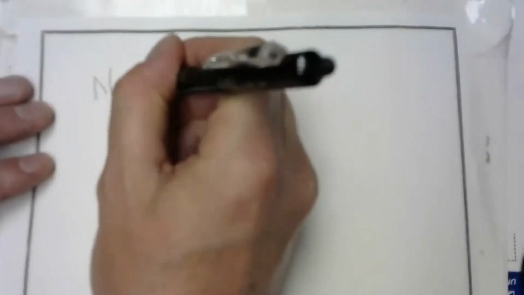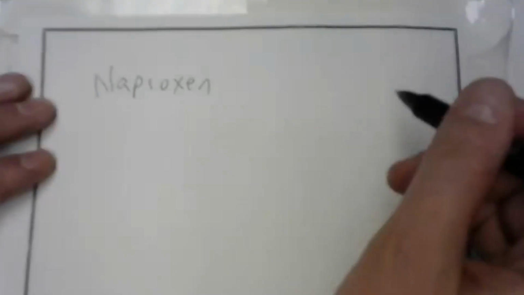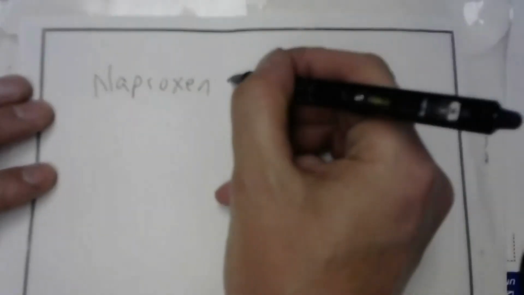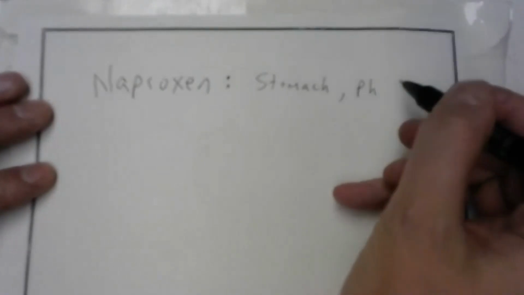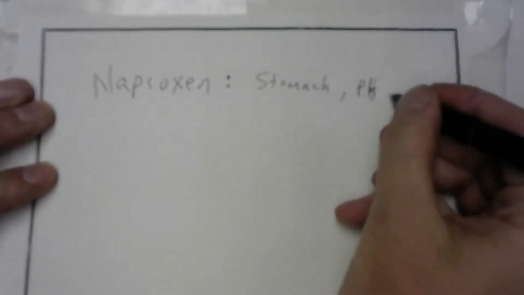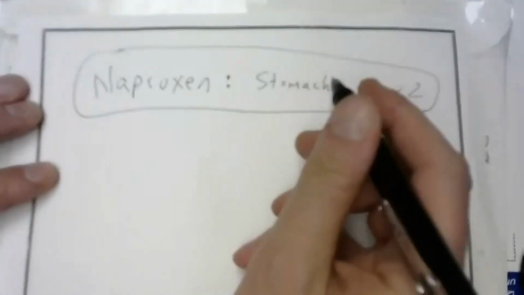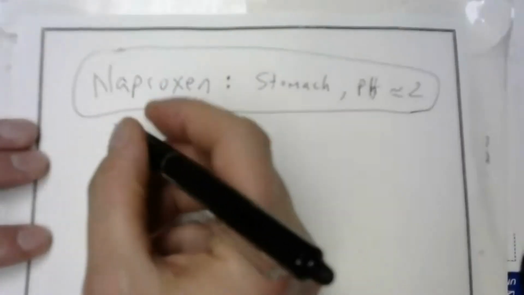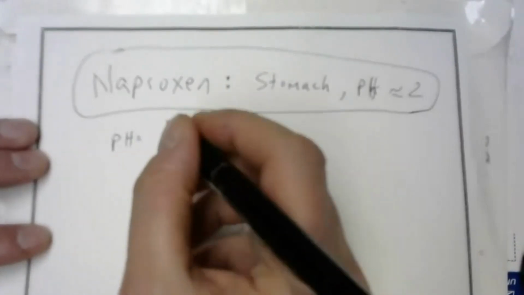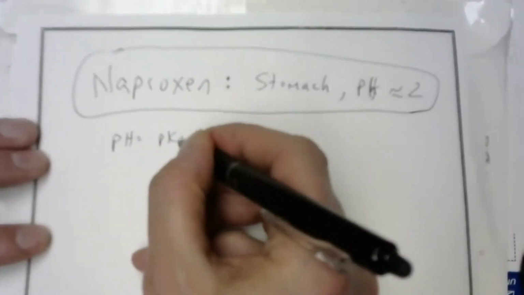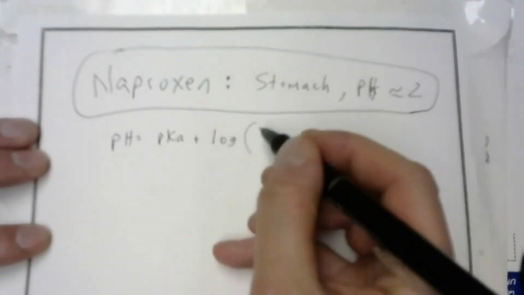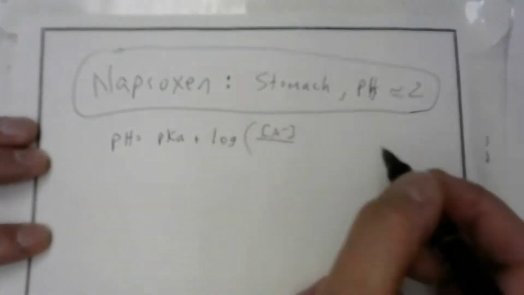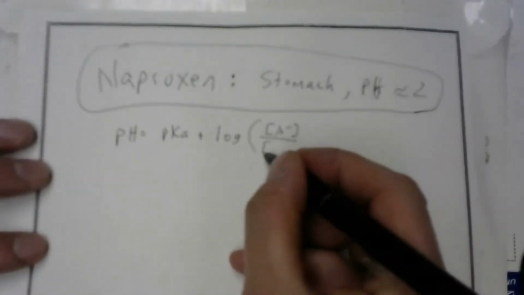So naproxen in the stomach, which is pH roughly 2. The equation is pH equals pKa plus logarithm of A- divided by HA, yeah?